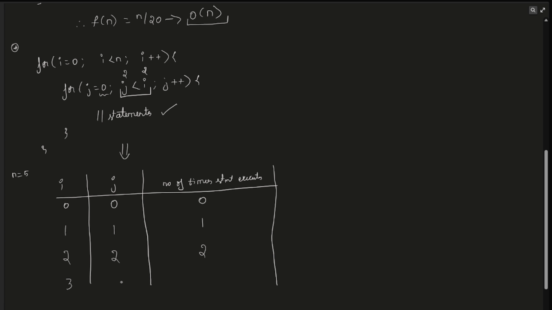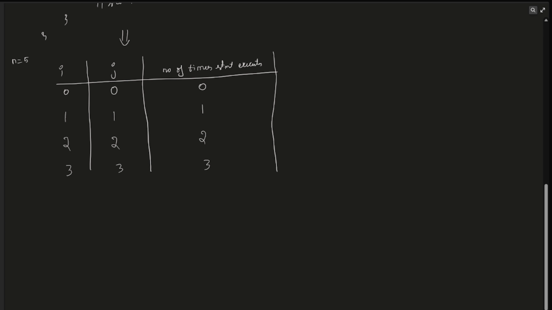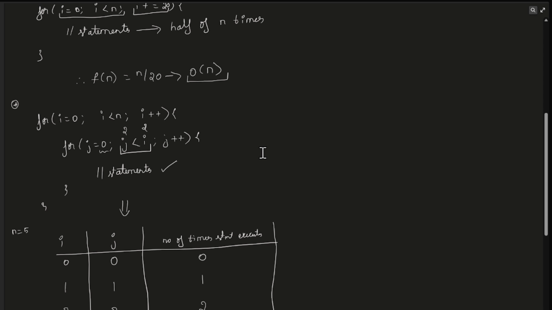Now 3, this executes 3 times. i gets incremented to 4, the j loop executes 4 times, inner statements execute 4 times again. i gets incremented to 5. In this case, the first for loop condition is checked whether 5 is less than 5, which is not true. The for loop breaks here.